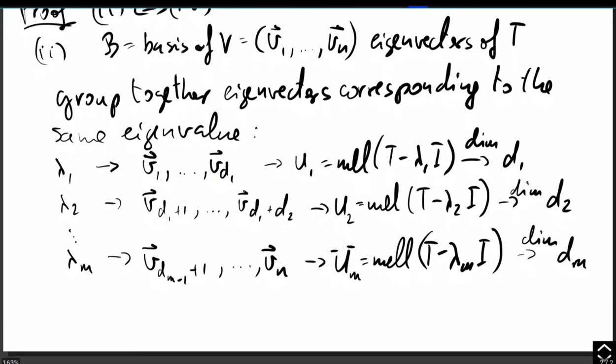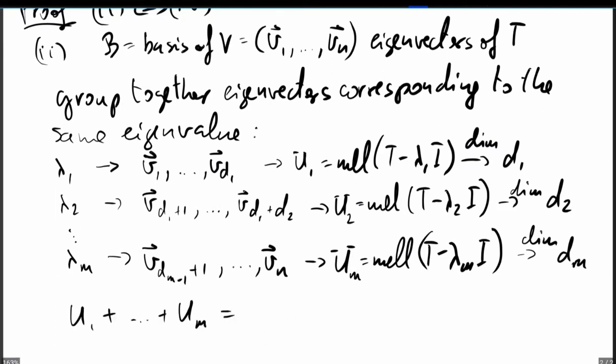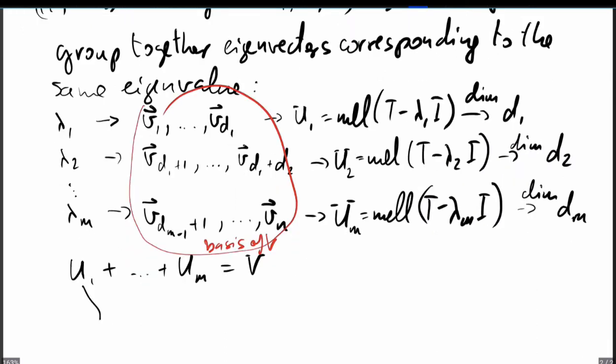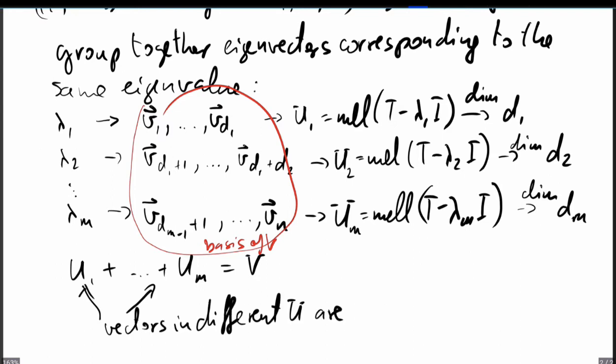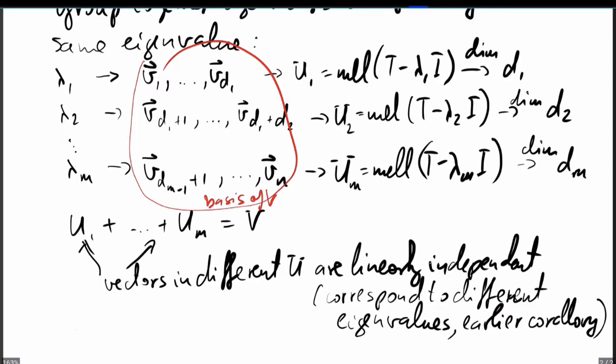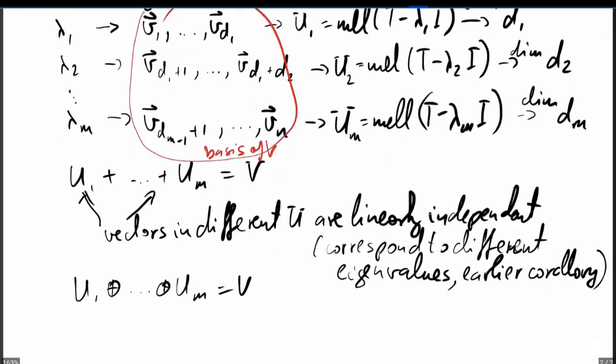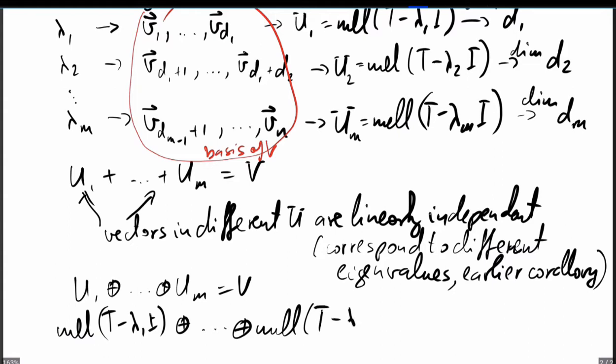Then if we add together these subspaces, it should be clear that this is all vector space V, since these v's form the basis of V. And these U's are also independent. What we have is that vectors in different U's are linearly independent. This was a corollary because they correspond to different eigenvalues. So that means that this is really a direct sum, and it equals the null spaces of T minus lambda 1 I direct sum with all the other null spaces up to T minus lambda m I.